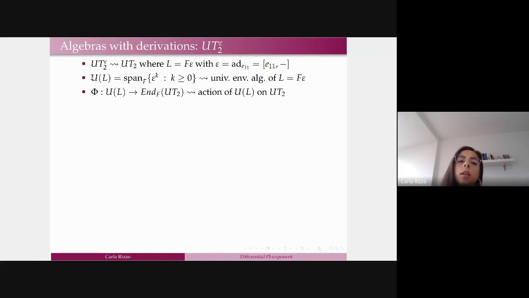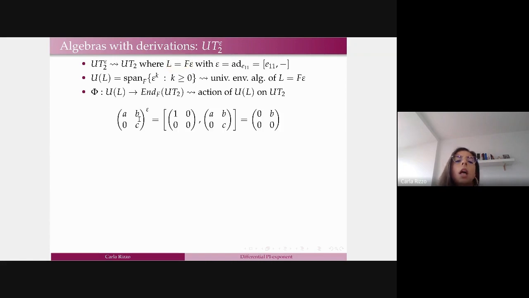And then we consider the universal enveloping algebra of the one-dimensional algebra generated by epsilon. And then, again, we want to understand the action of UL on UT2. So we want to understand the image of UL inside the endomorphism algebra of UT2.